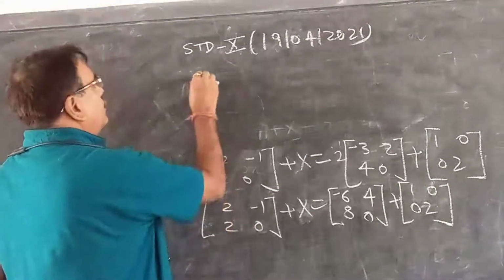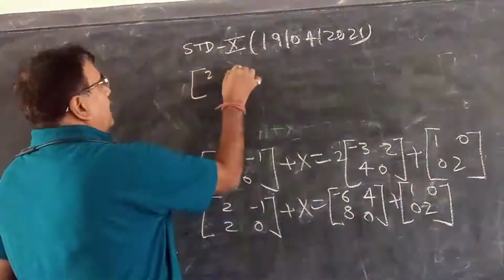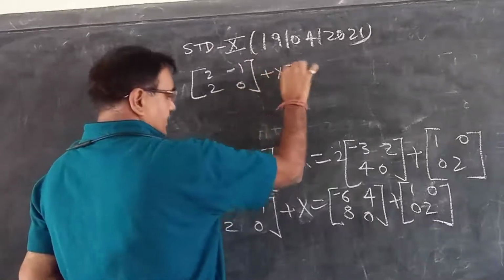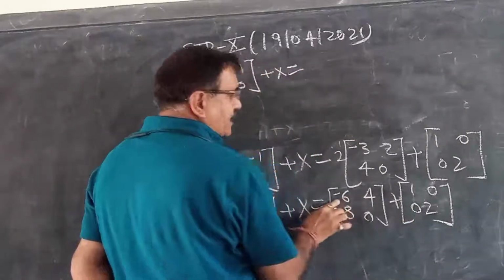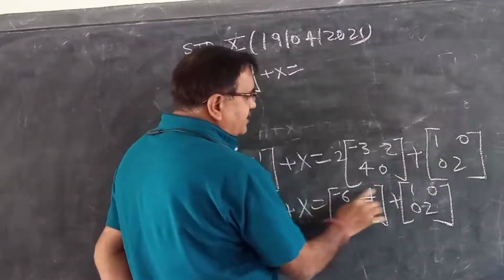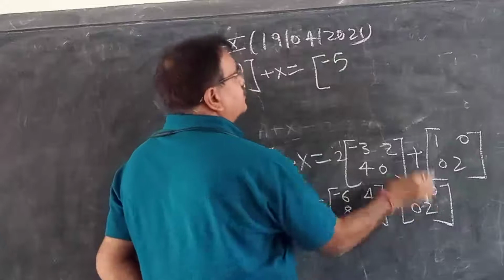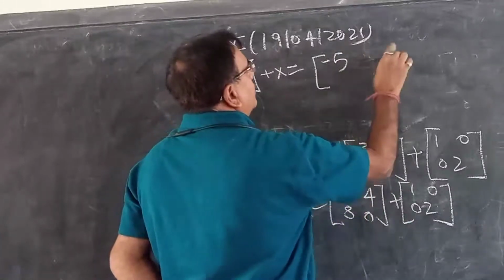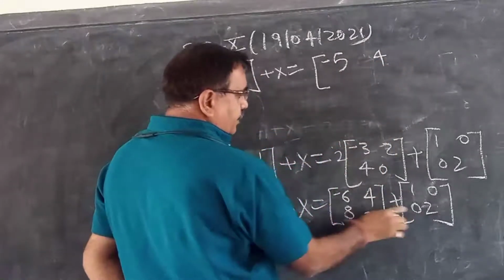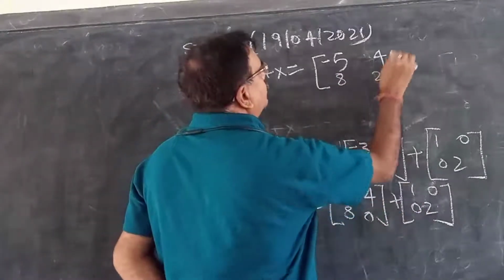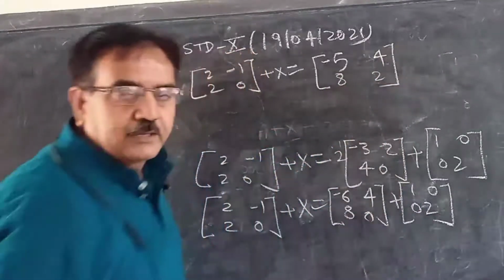So 2, minus 1, 2, 0 plus X is equal to, corresponding elements will be added: minus 6 plus 1 is minus 5, 4 plus 0 is 4, 8 plus 0 is 8, 0 plus 2 is 2.